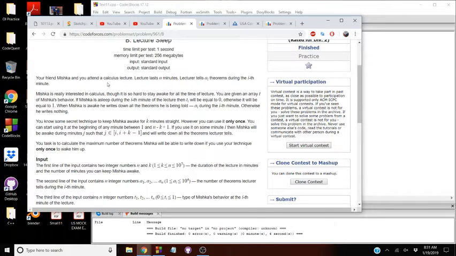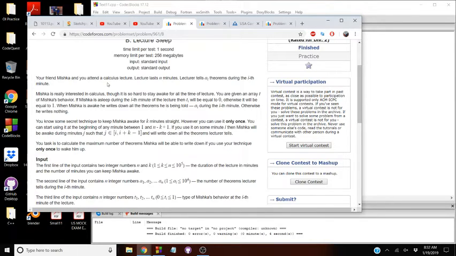If Misha is asleep during the ith minute of the lecture, then T_i will be 0, otherwise it'll be 1. When he's awake, he writes down all the theorems he's being told, a_i during the ith minute, otherwise he writes down nothing. You know some secret technique to keep him awake for k minutes straight. However, you can only use it once.